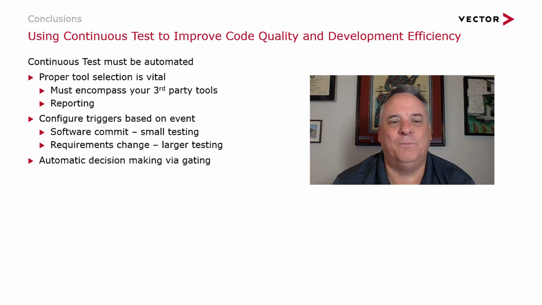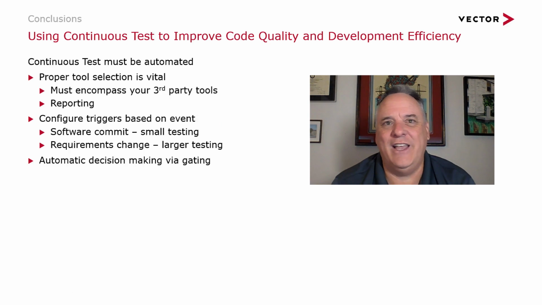Okay, using various triggers from the tools that you already have to trigger events that go into your continuous test platform could be something as very small as a software commit or very, very large like a requirement change that requires much larger testing.